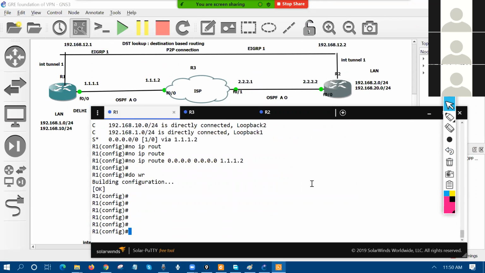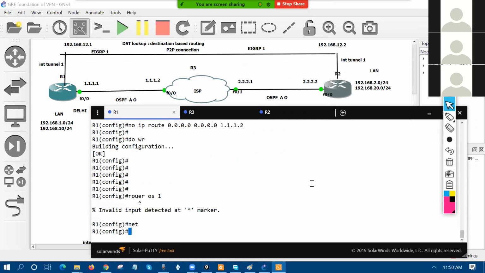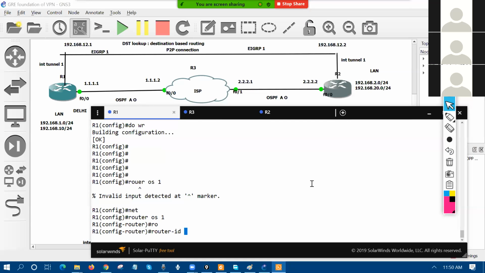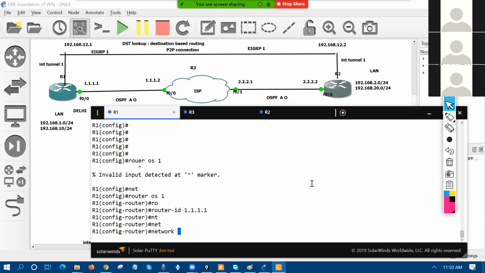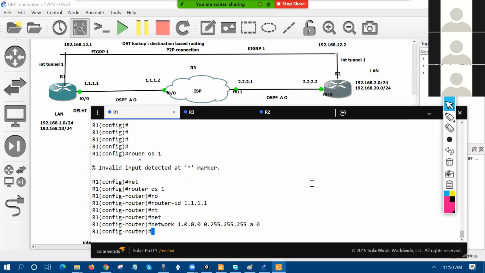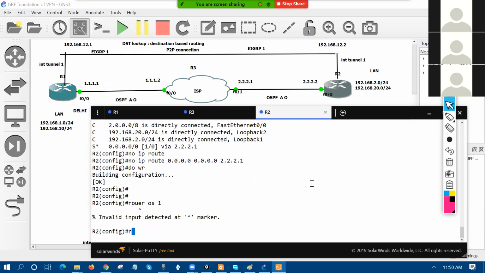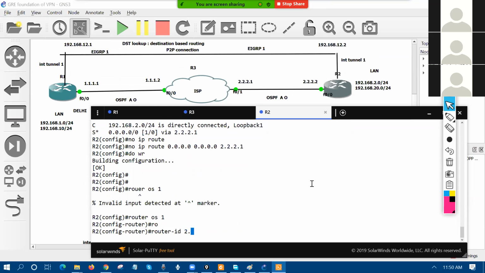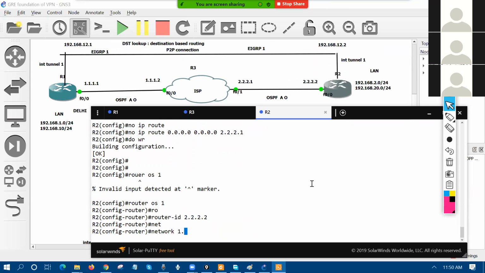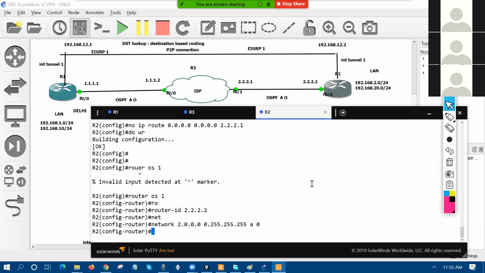How do I do that? I'm just going to enable OSPF. Router ID, network, area 0, right? Router number 2, router OSPF 1, router ID, network, area.